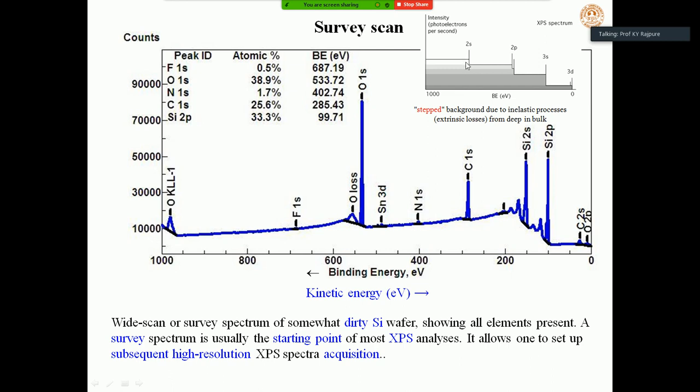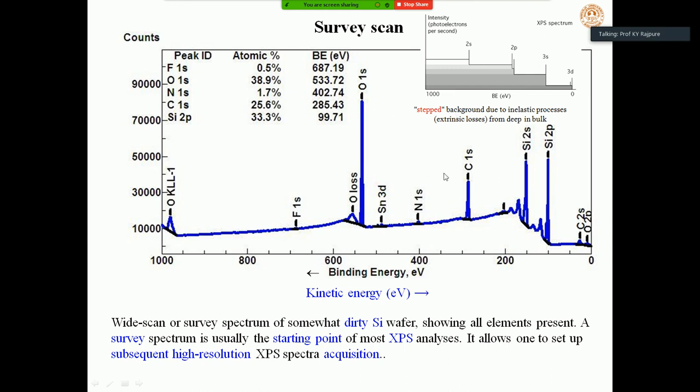So the stepped background is due to inelastic processes, extrinsic losses from deep in the bulk. The 2s electron is innermost, and therefore it is on the higher binding energy side, and therefore you get this step-like pattern.